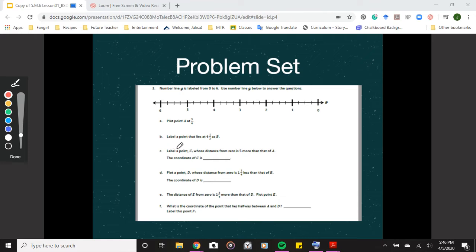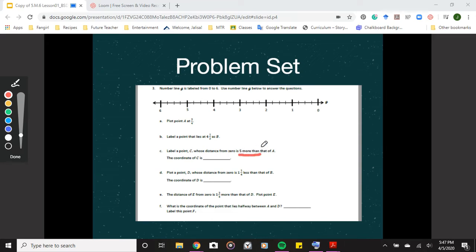Label a point C whose distance from 0 is 5 more than that of A. Okay, I'm going to underline 5 more than.